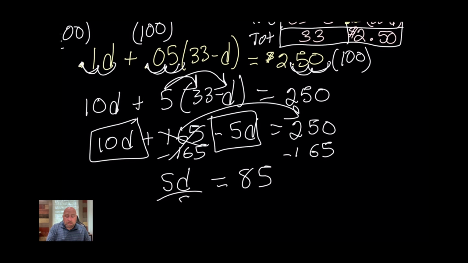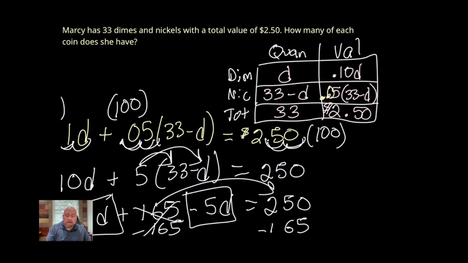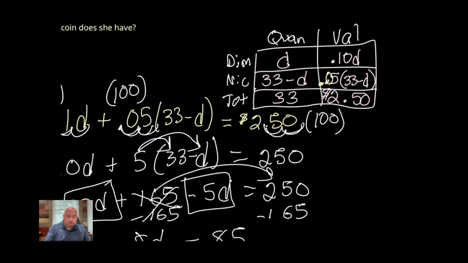Now I can divide both sides by 5, and I end up with d equals, and this is going to be our total number of what? D equals dimes. Okay, so d equals 85 divided by 5, and that equals 17. That's only part of our answer. There are 17 dimes, but now I have to go back to this chart and say, oh yeah, we had to get nickels too.